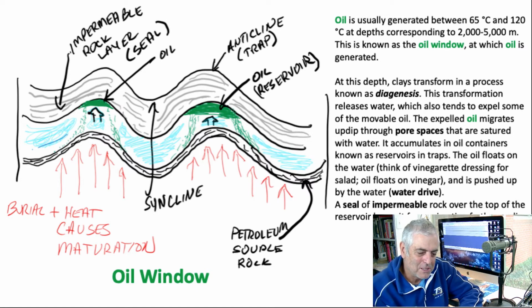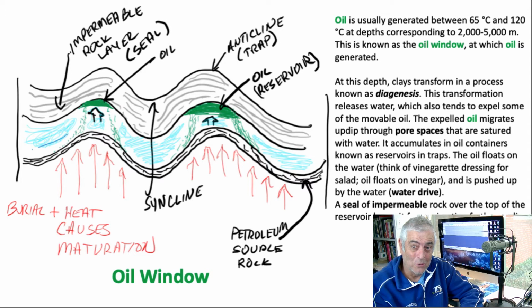That corresponds to roughly 65 to 120 degrees centigrade. Centigrade is what we're using for this scale, and that corresponds to roughly 2,000 to 5,000 meters, or 6,000 to about 15,000 feet. You will be generating oil out of a petroleum source rock. That's good to know.